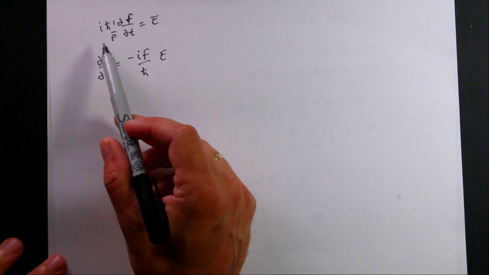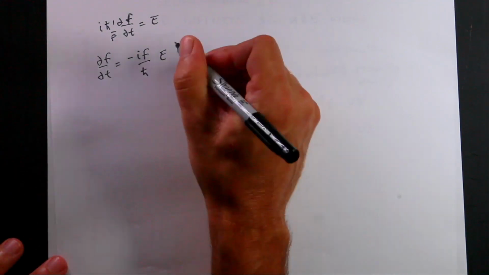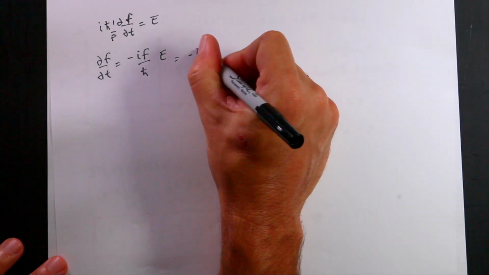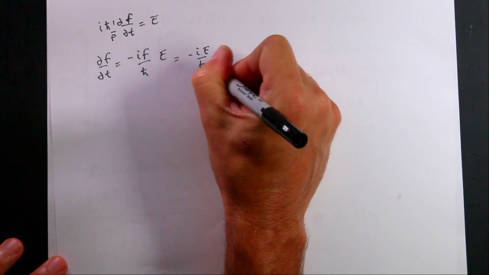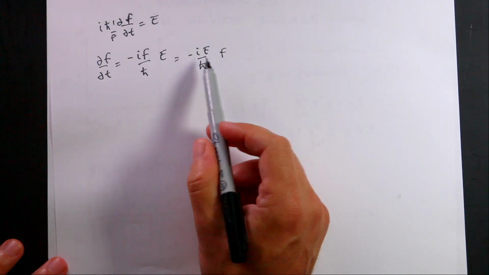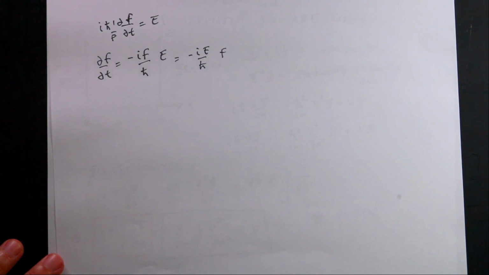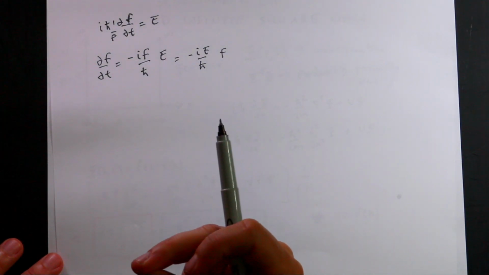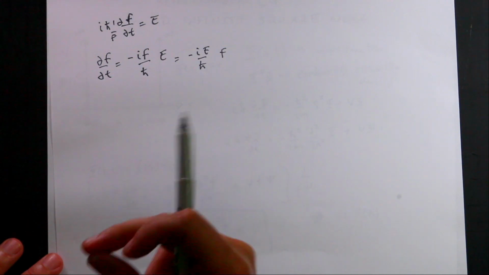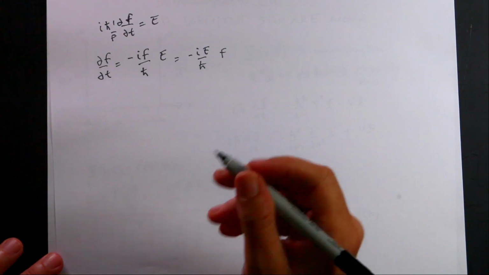So if I take the derivative of f with respect to t, I get negative i E over h bar f. I get the same function back, but with this extra constant. So what function can I take the derivative of and get the same thing back?